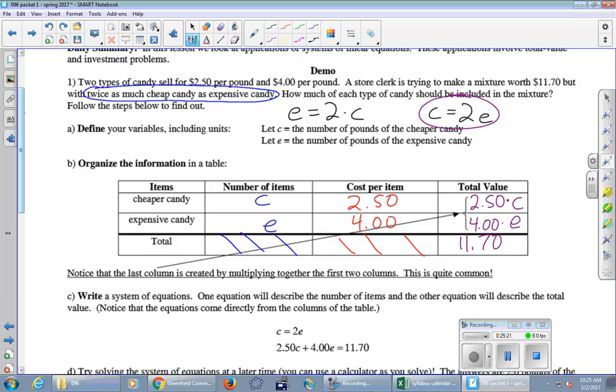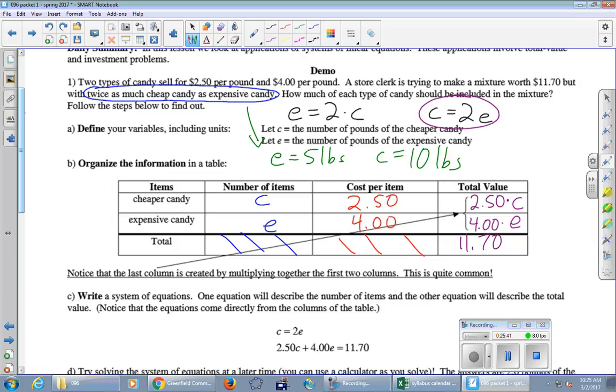What you can do if you are not sure, don't guess. Half the time you get it wrong. Just make up a number. Suppose, for example, that the expensive stuff was 5 pounds. For sure, how much cheap candy do we have? Definitely 10, right? Because you have twice as much of the cheap as the expensive.